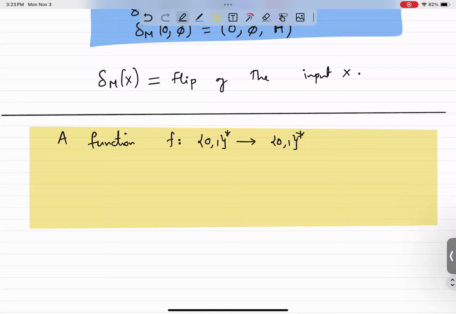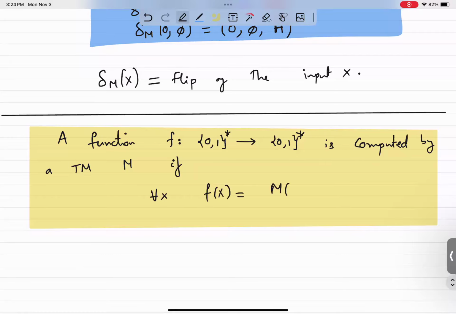So a function that takes a binary string as input and outputs another binary string is computed by a Turing machine M if for all x, the value computed by M is exactly the value of f at that input. For every x, f of x equals M of x. In particular, this means that the machine should halt at some point. And when it halts, what's written on the tape should exactly match what we want for the function f.